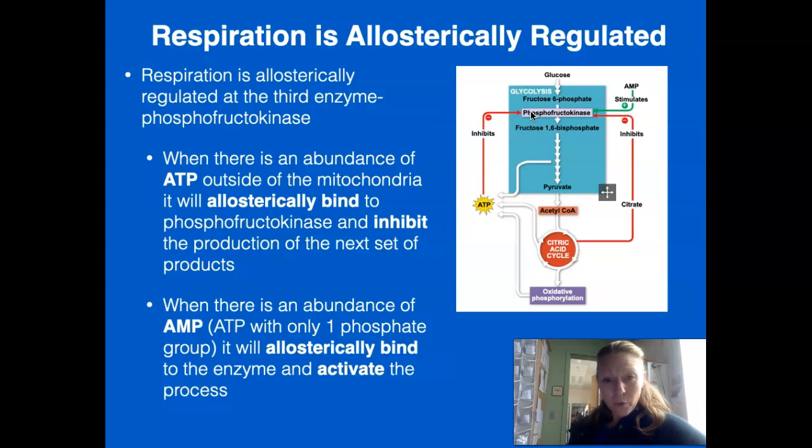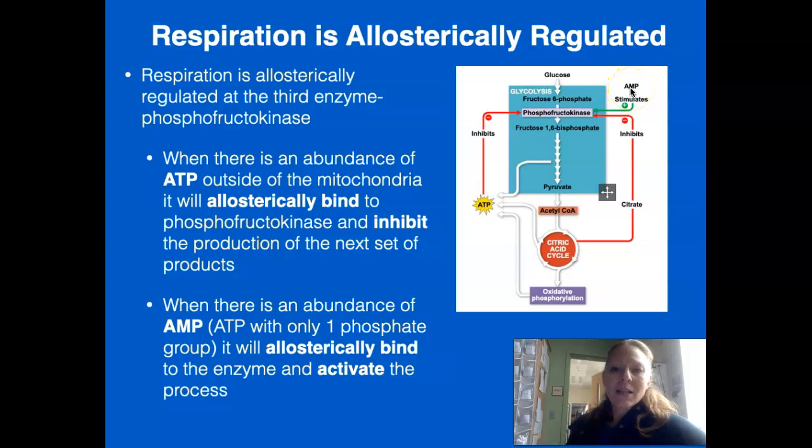And then when there's not enough ATP, you would think you'd have an abundance of ADP, because that would make sense, but nothing in biology is so simple. We have AMP, or adenosine monophosphate, which is a building block of ADP.